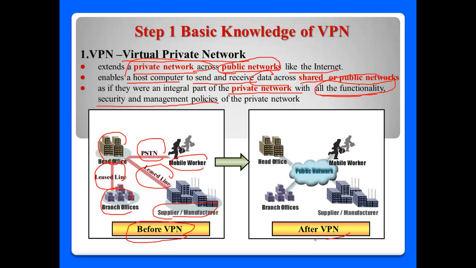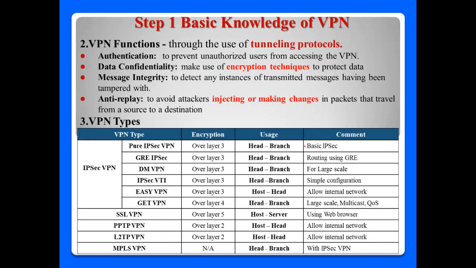But if we use the VPN, we can use a public network like the internet, while the functions and features are the same as a private network like a leased line. So between head office and branch office, head office and suppliers or manufacturers, head office and mobile workers, we can use a private network over a public network like the internet.